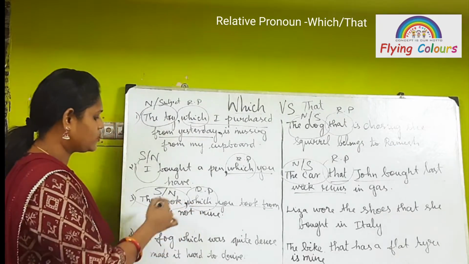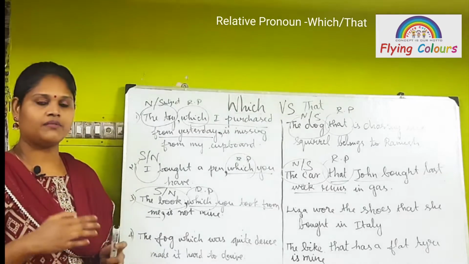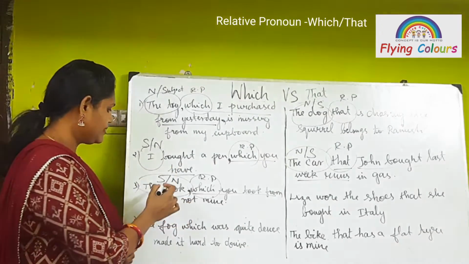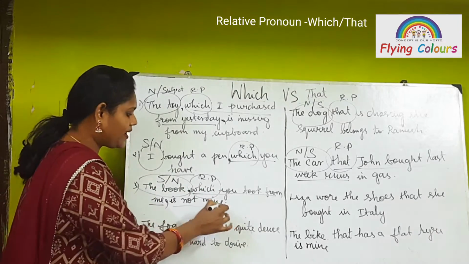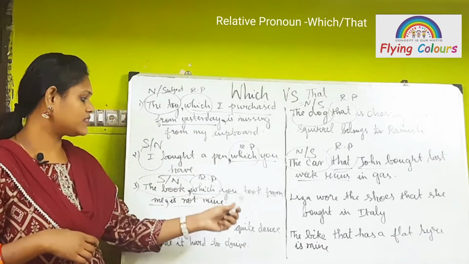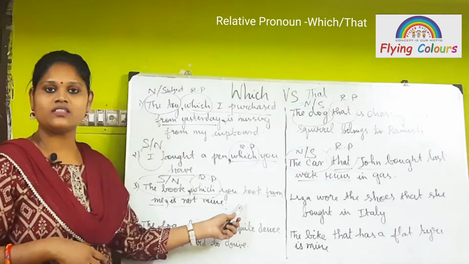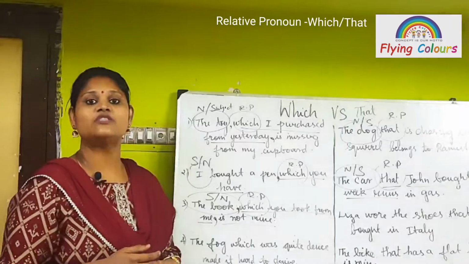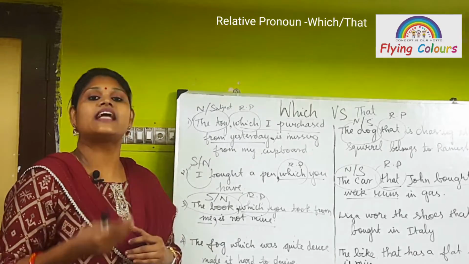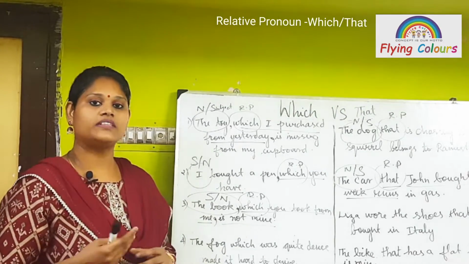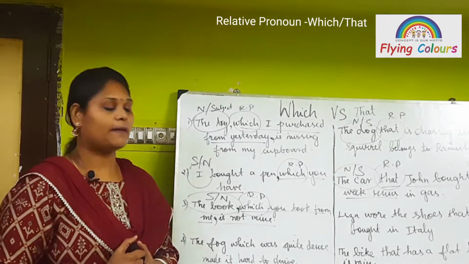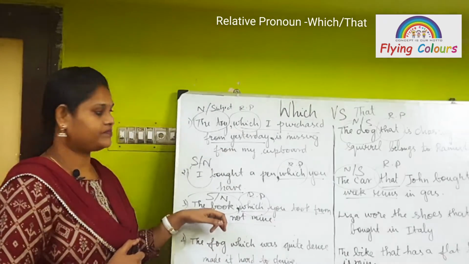Without this non-essential clause, the book is not mine. So without this non-essential clause, the sentence is still complete. This which provides extra information which is not needed to identify the subject, the book.